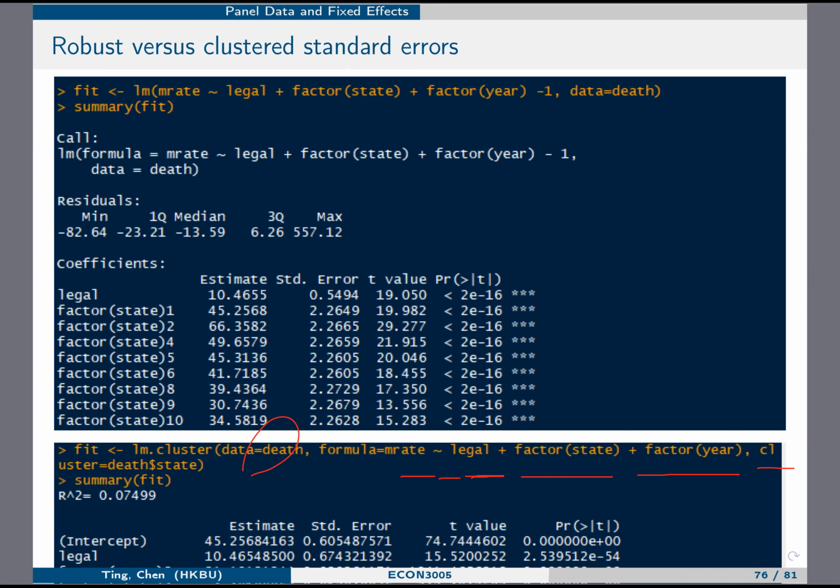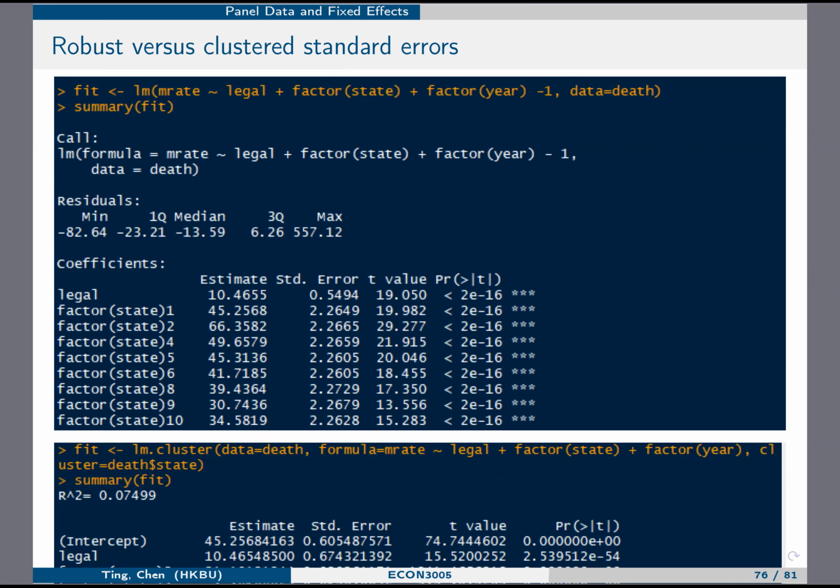Remember what kind of serial correlation of residual we worry about now: within each state over different times, the mortality rate may be correlated with each other. The same for the legal drinking age, right? So we should cluster for each state, so that the cluster standard error solves this serial correlation for me. So we define the cluster using this state variable.